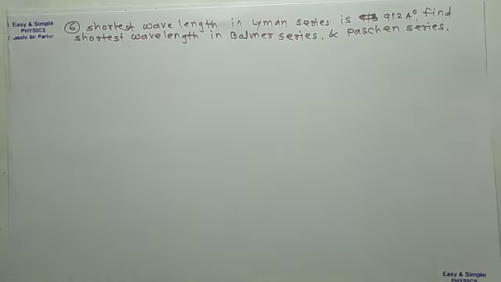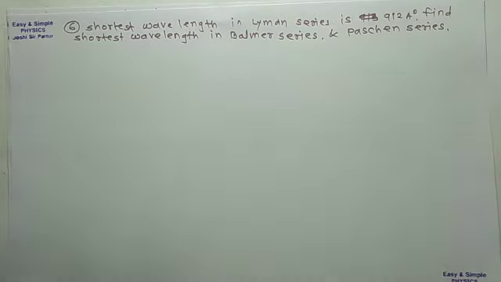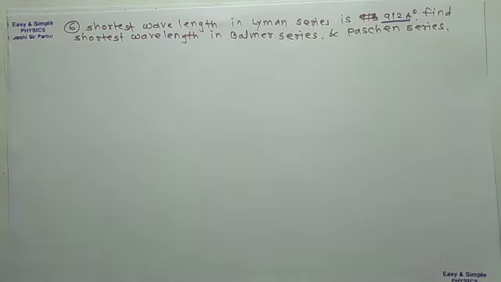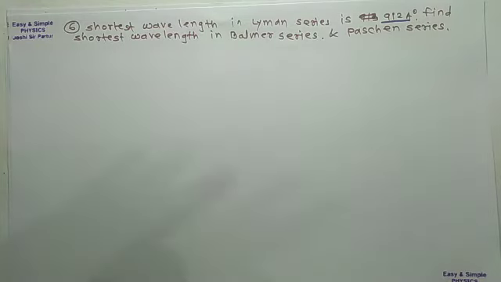Again, if we can solve the longest wavelength, another example will be: shortest wavelength in Lyman series is given as 912 angstrom unit. Find the shortest wavelength in Balmer series and shortest wavelength in Paschen series.